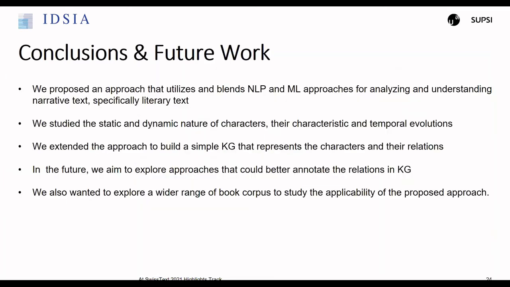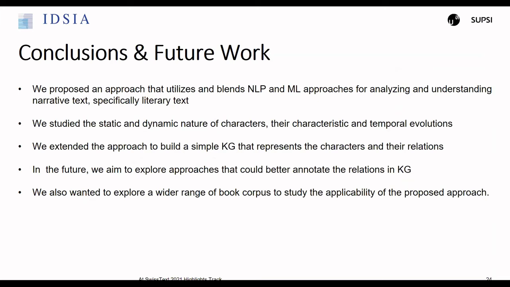Okay. So these are some of the main research directions that we took for literary text understanding. Still there are a lot of dimensions to explore. We started off with static and dynamic evolution of the characters and methods to model their relationships.